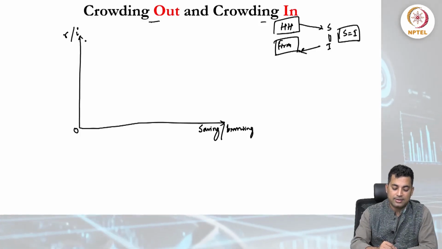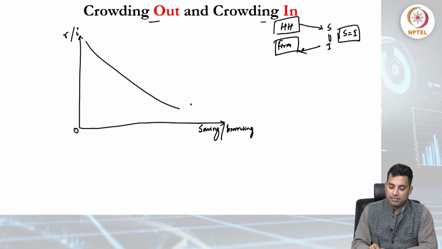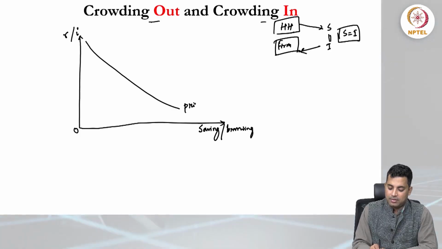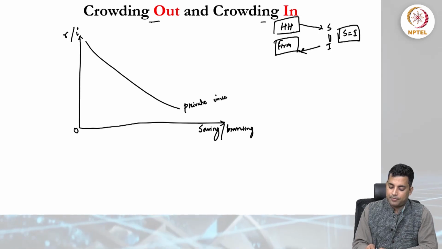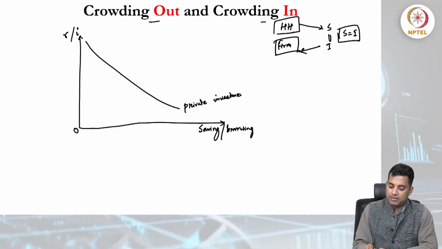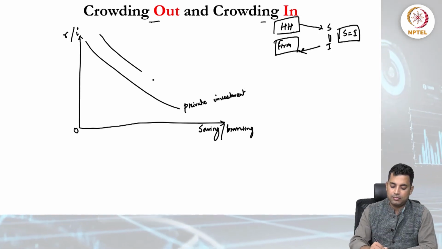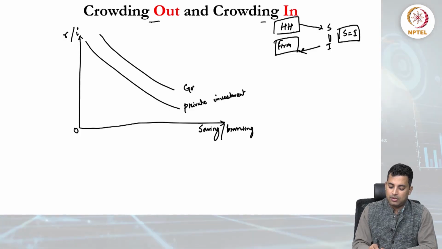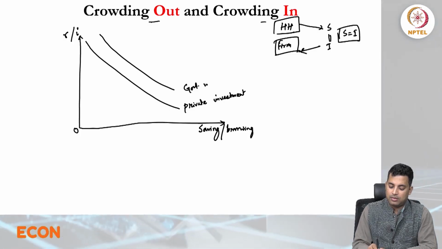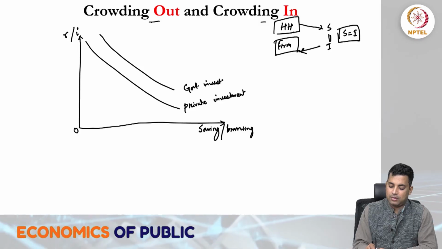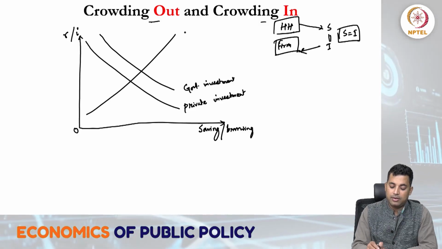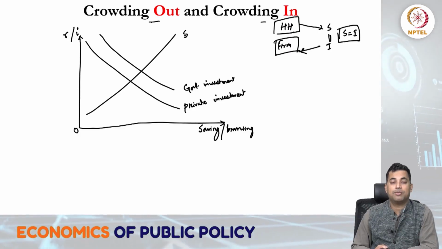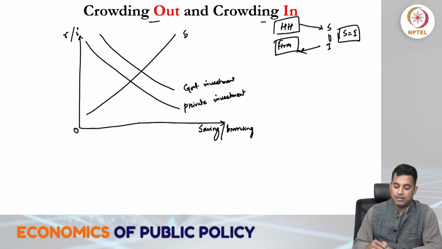So let's see, this is the private investment. Here, say, government investment, and here this is the supply of goods and services.